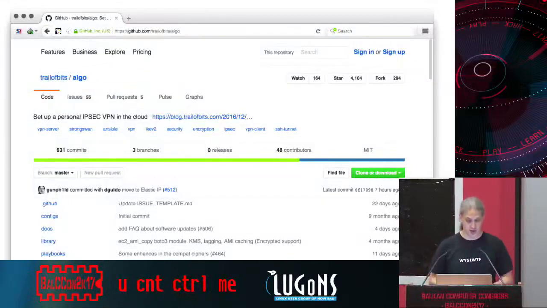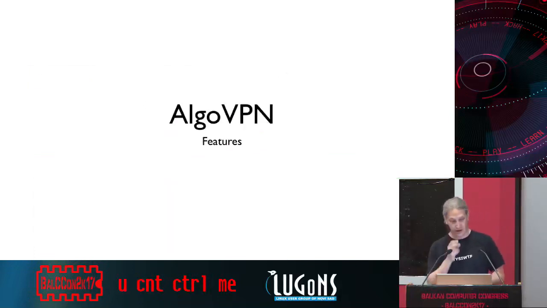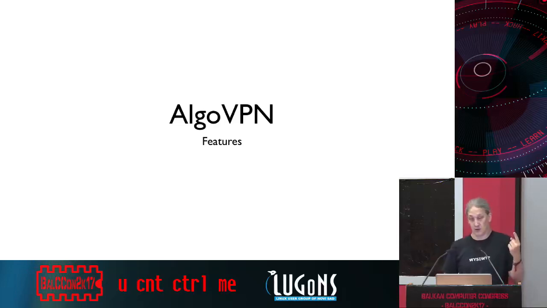It's Algo. It's basically a bunch of Ansible playbooks, shell scripts, and a lot of magic that set these things up for you. So what Algo VPN can do, the features: it uses IPsec and only IKEv2. That's a good thing. It only supports, pretty much in the high security mode, a single cipher, which is AES-GCM, Galois counter mode.